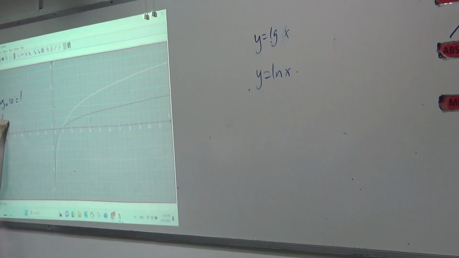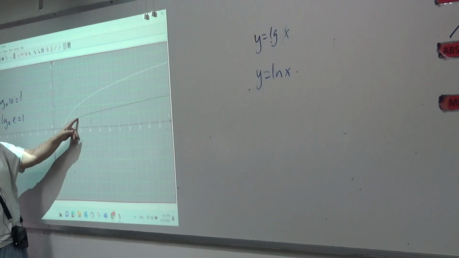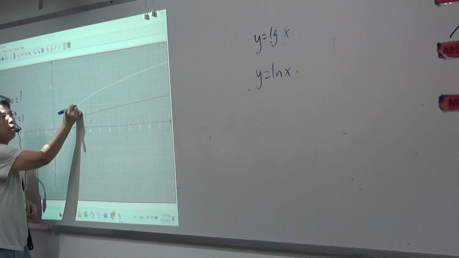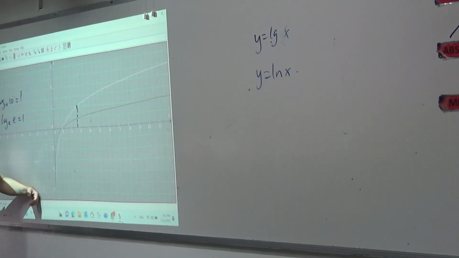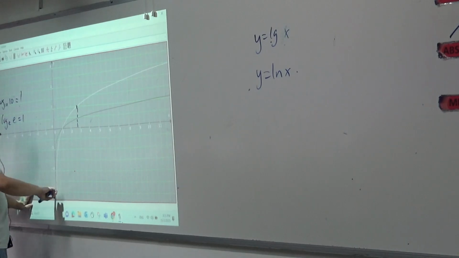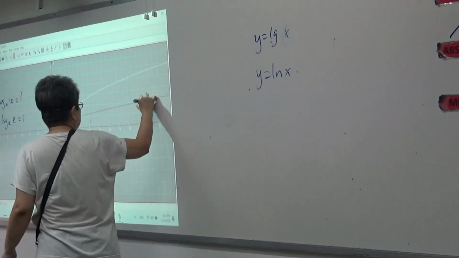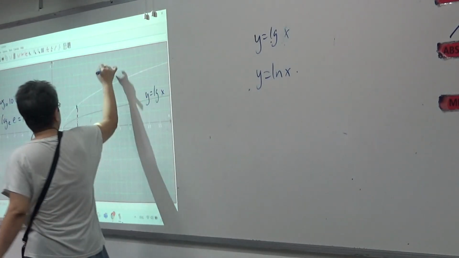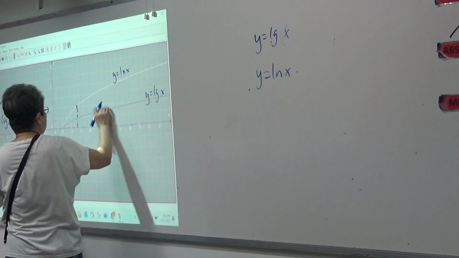Log e is 1, right? e is about 2.7 something. You look at 2.7 something here. Can you see about 2.7 something is 1? So what does it mean? The black one is y equals log x with one base. The white one is y equals log x with the other.